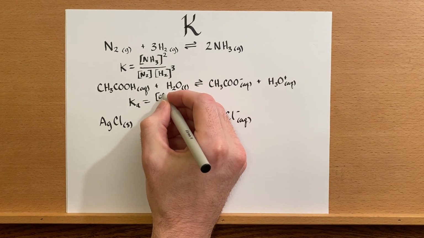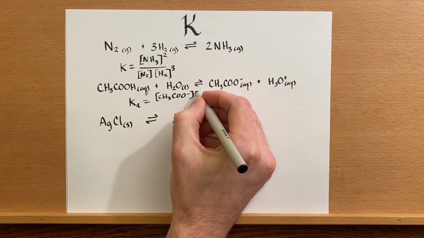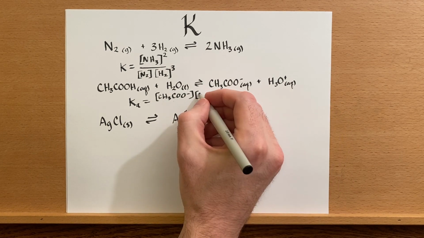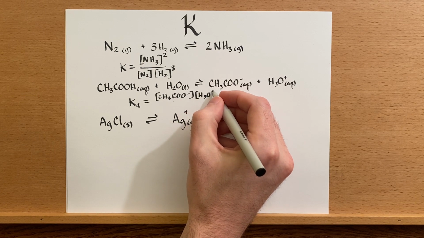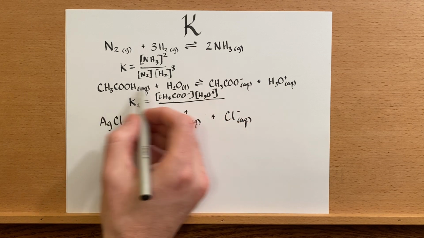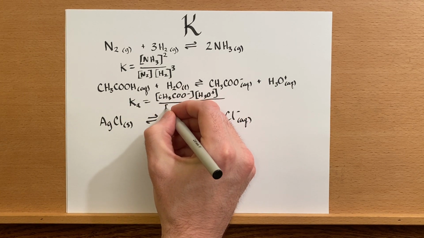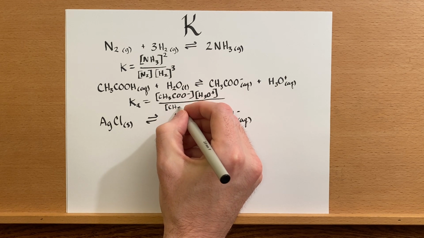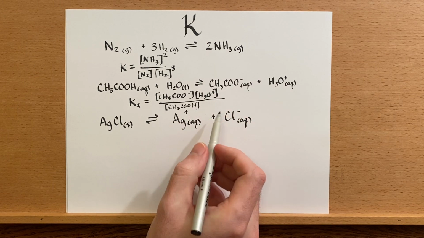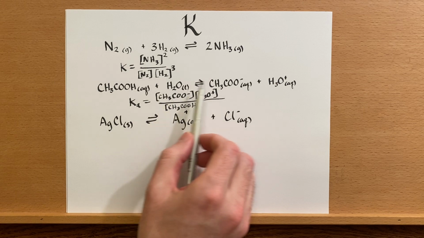So products again, times H3O plus, that's aqueous, all over reactants. And again, we ignore the water, we only put this in. And we're done, since it's all 1 to 1 to 1.